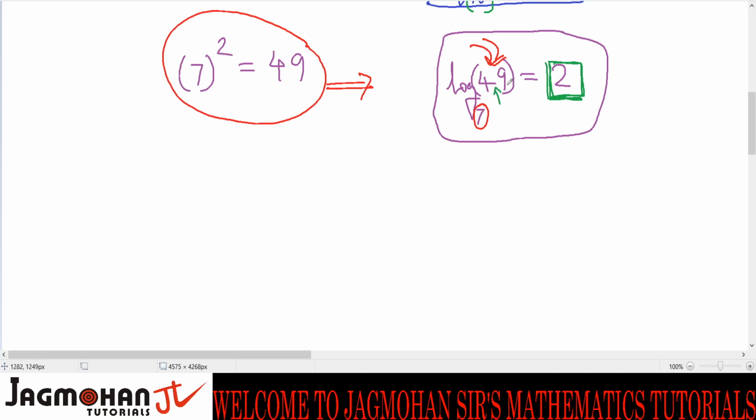So log of 49 to the base 7 is 2. Why? Because if the base 7 is raised by this number, then you will get 49.